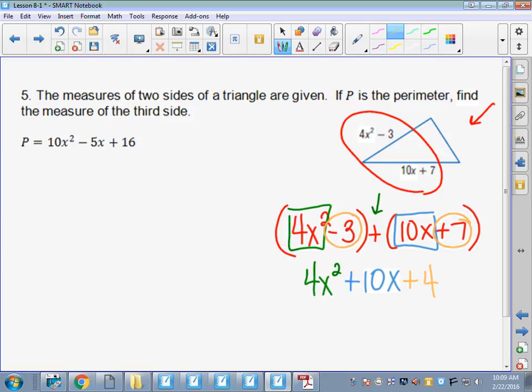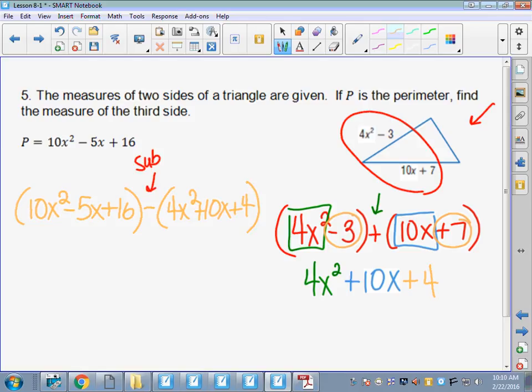If I know that they all add up to 10x squared minus 5x plus 16, I can finish this problem over here by subtracting. Notice I'm putting big parentheses with a minus in the middle. I'm going to do like I just did. Subtract equals distributive property.